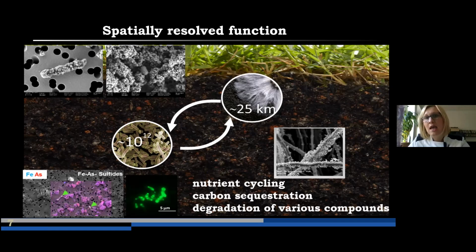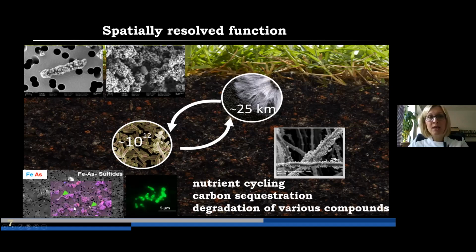First of all, you visualize and you see, like here, for example, this microbial cell on the left side, it's encrusted in iron oxides or iron sulfides. So you already know that it has a high potential to be involved in metal cycling, iron oxidation or reduction.